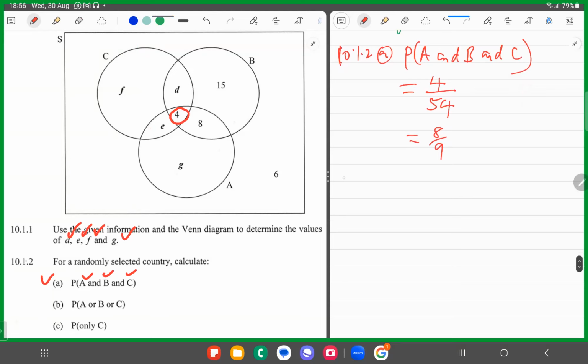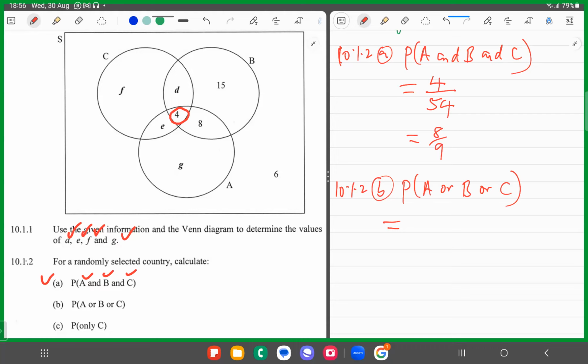So we have 10.1.2b. The probability of A or B or C. Let's look at this one. What is the probability of A or B or C?